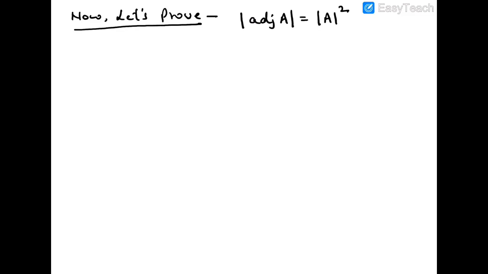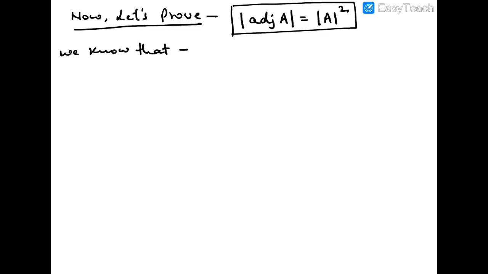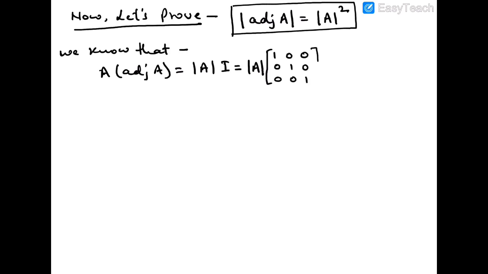Now let's prove determinant of adjoint of matrix A is equal to determinant of A square. Now we know that A times adjoint of A is equal to determinant of A times I, where I is the identity matrix and it is 1 0 0, 0 1 0, 0 0 1.